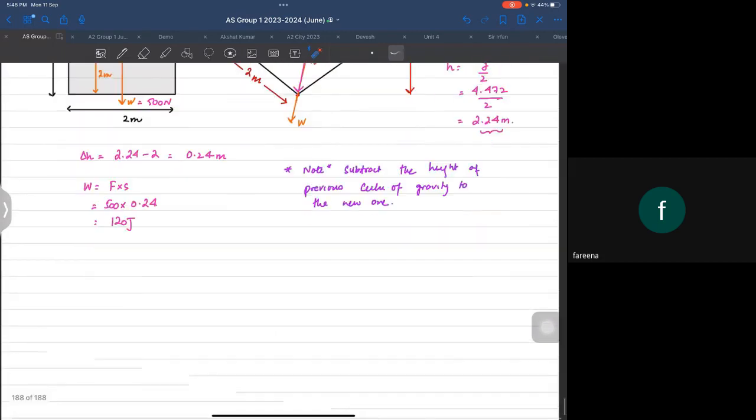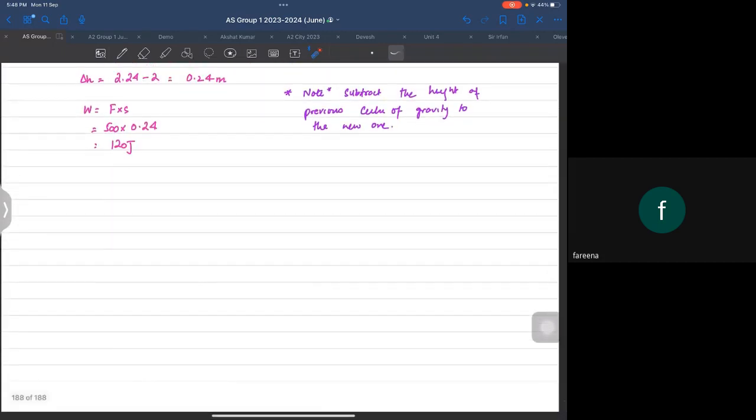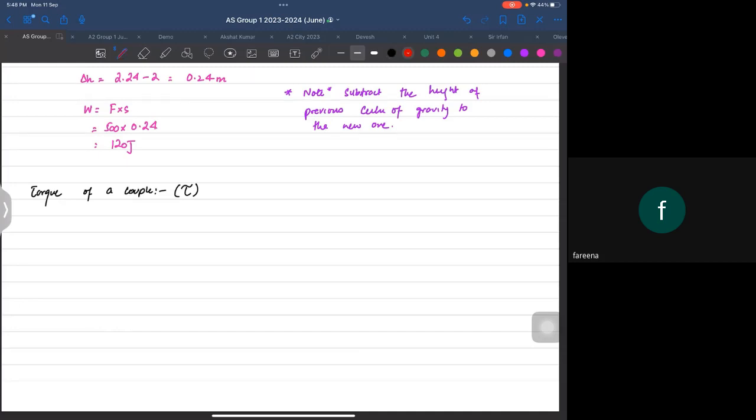Anyway, so the next thing I'm going to do is basically called torque of a couple, which is given by the symbol of torque, this T. And torque of a couple can be assumed to have an effect when. So there are certain conditions for this to work.